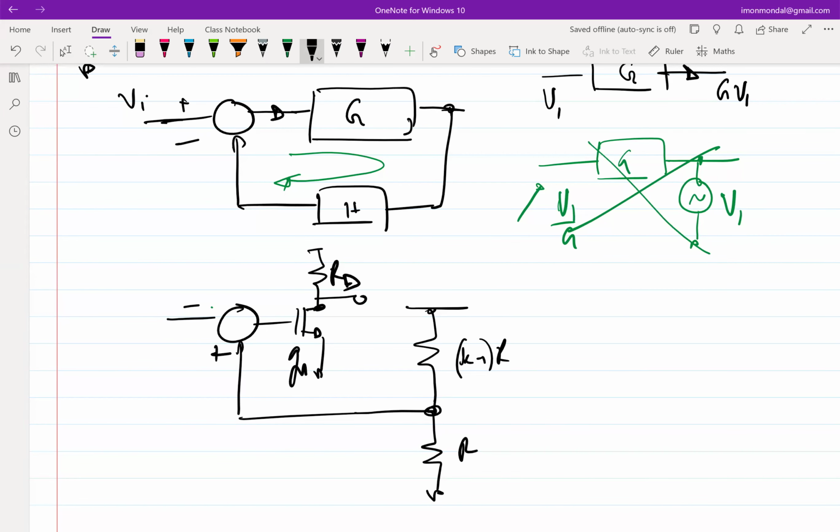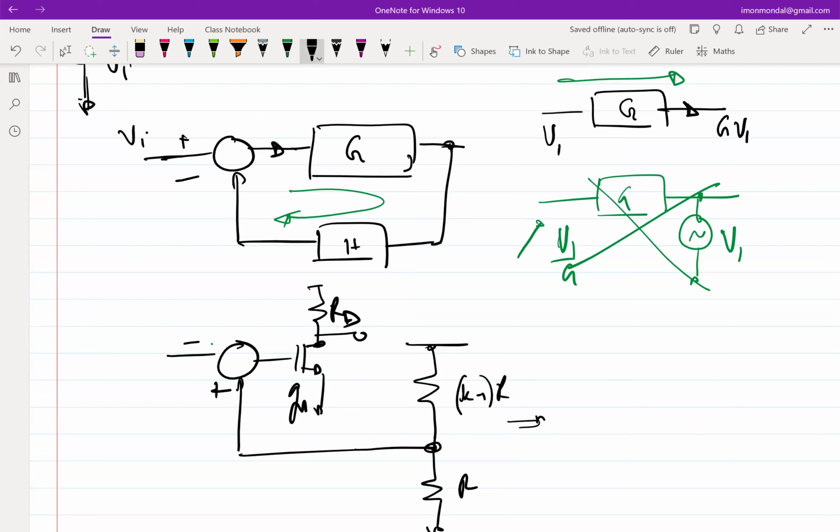If I have to draw an equivalence of this topology with this topology, what is G? What do you think? Firstly, do you think these two topologies are similar?